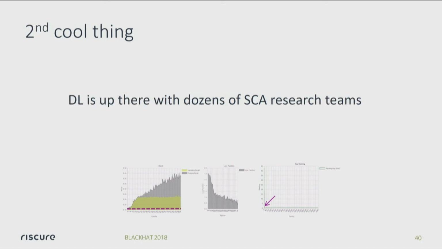The second thing that I think is really cool is that our really stupid network, in which the human interaction was just fiddling until the accuracy and the recall looked good, is actually up there with dozens of world-class side channel teams. So just by being stupid and putting in this deep learning network, we were ranking there as well.